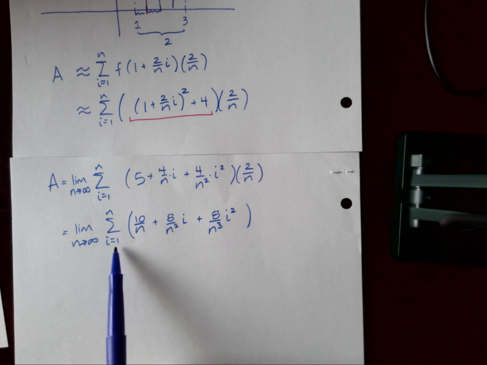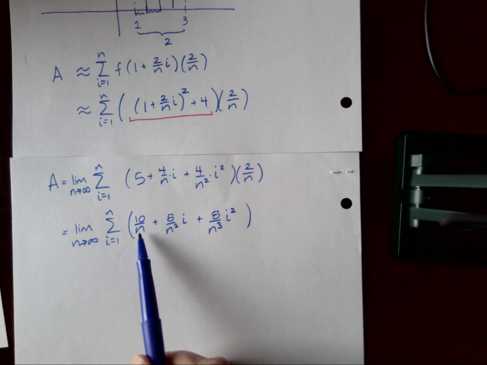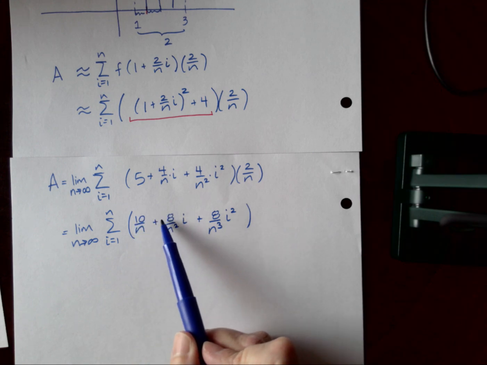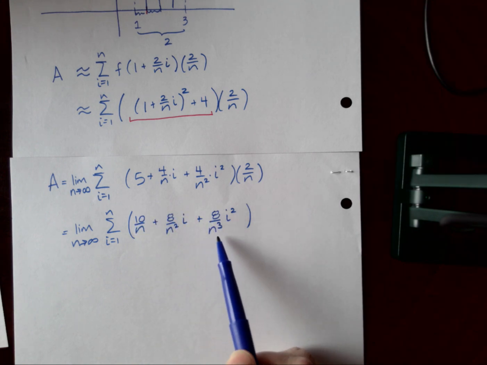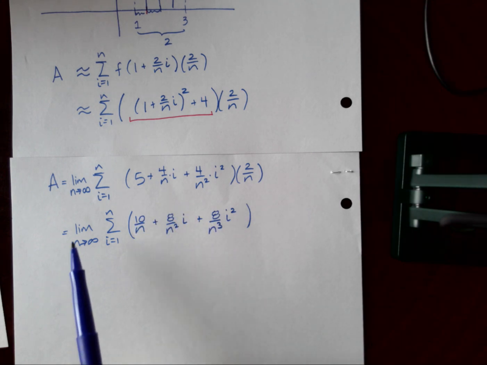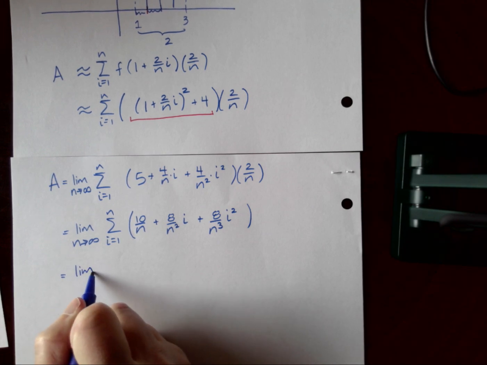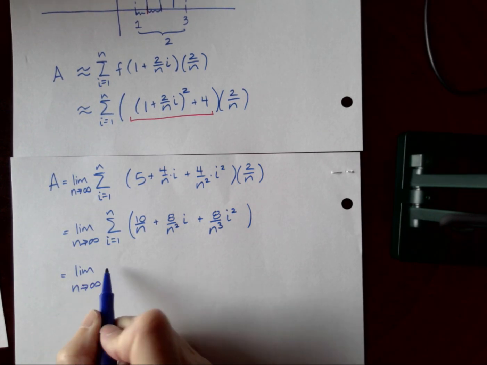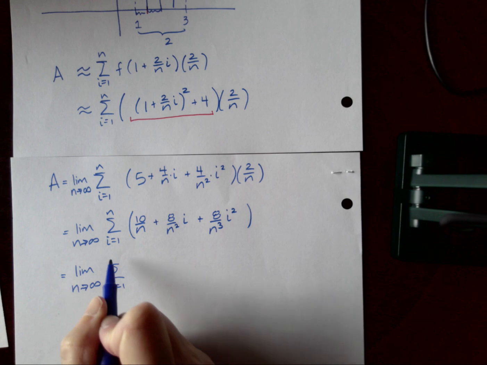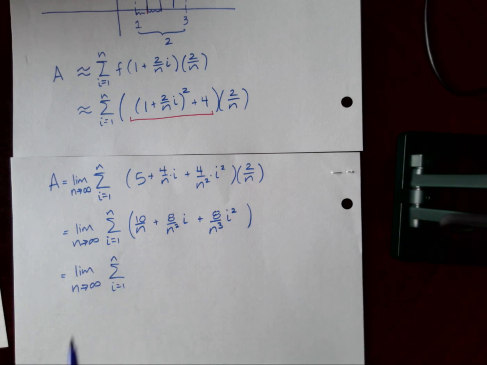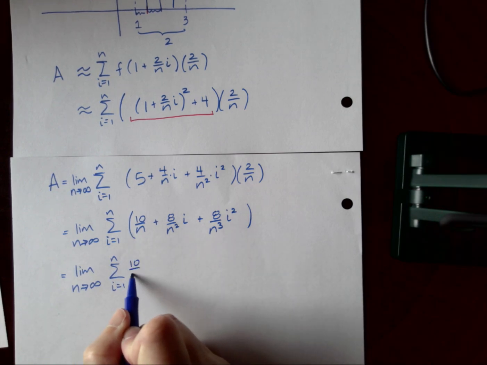When we do these sums, we can split them into the sum of the first part plus the sum of the second part plus the sum of the third part. So we could really have 3 limits as n heads off to infinity, and that's where we're going to go next. So 10 over n for the first one.